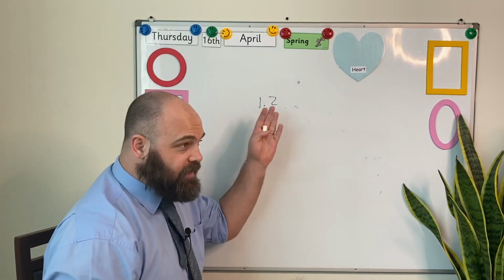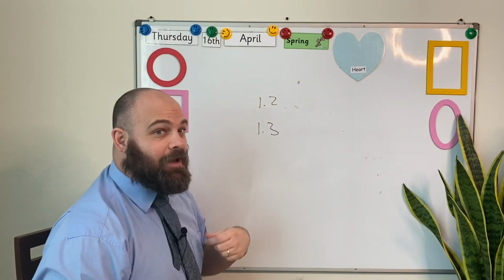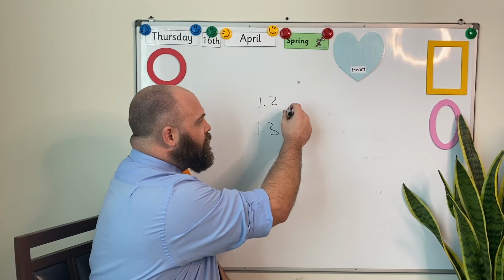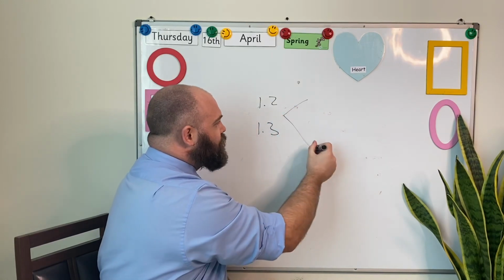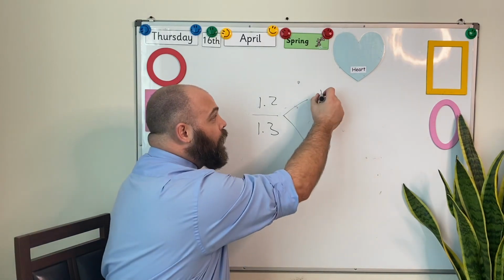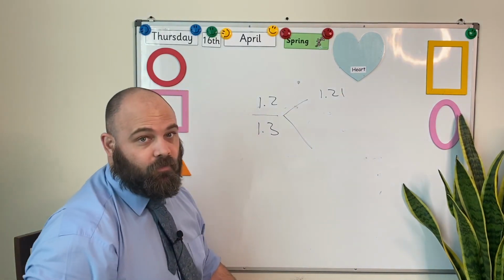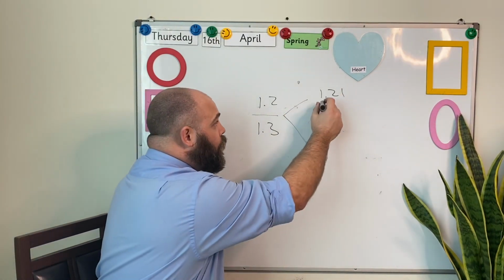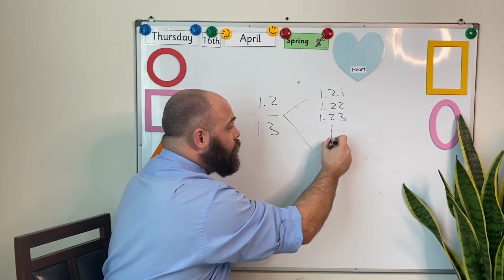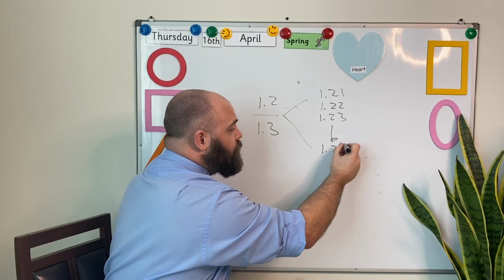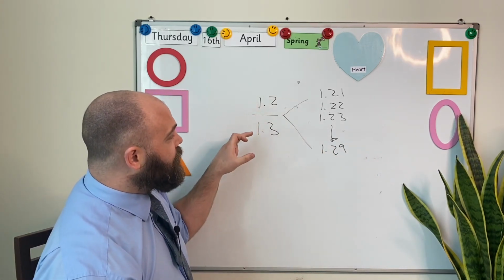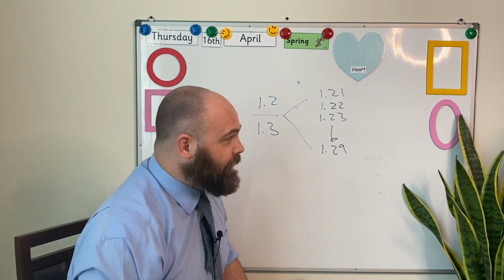So I can't add tenths because there's only a tenth between these, but I could add hundredths. So there are actually a whole bunch of numbers between 1.2 and 1.3. 1.21 is the first one, 1.22, 1.23, all the way down to 1.29 would be numbers between 1.2 and 1.3.